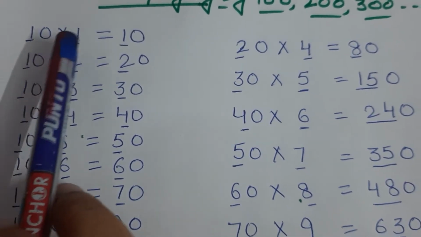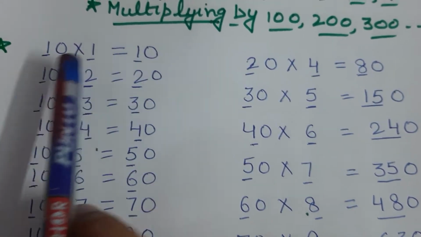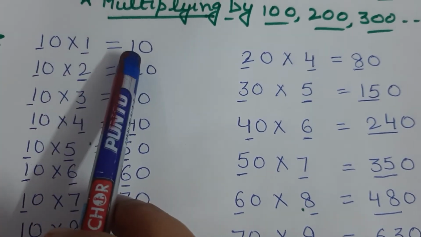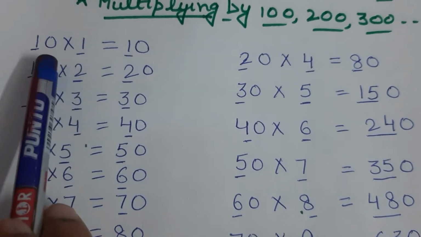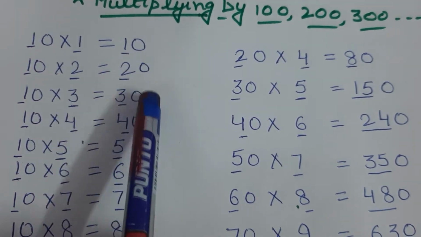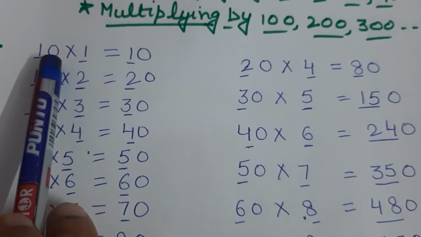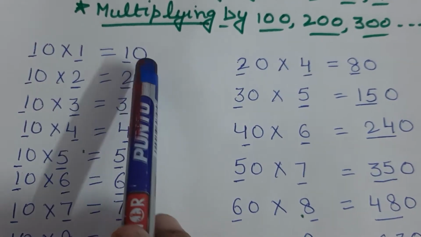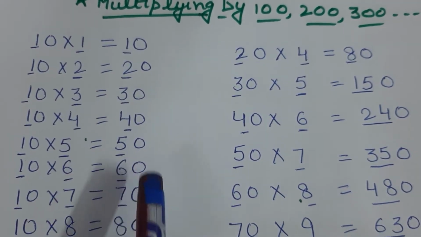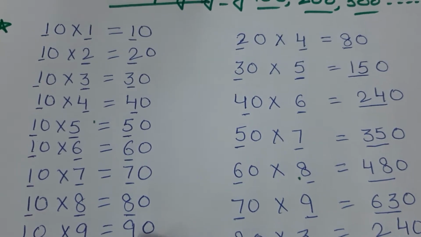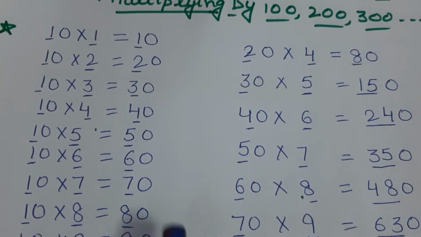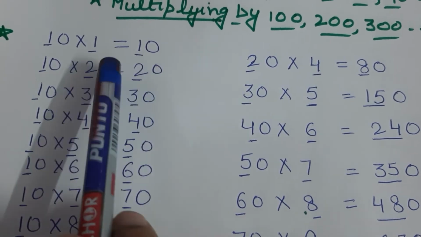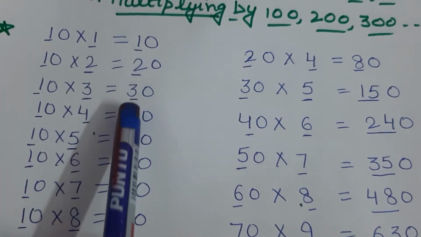We just write the ones table here, like 1 one is 1, 1 two is 2. This 0 we write afterward. Here also 0 is on ones place. So in all the numbers we write 0 at ones place, and with this 0 we are just writing the ones table.